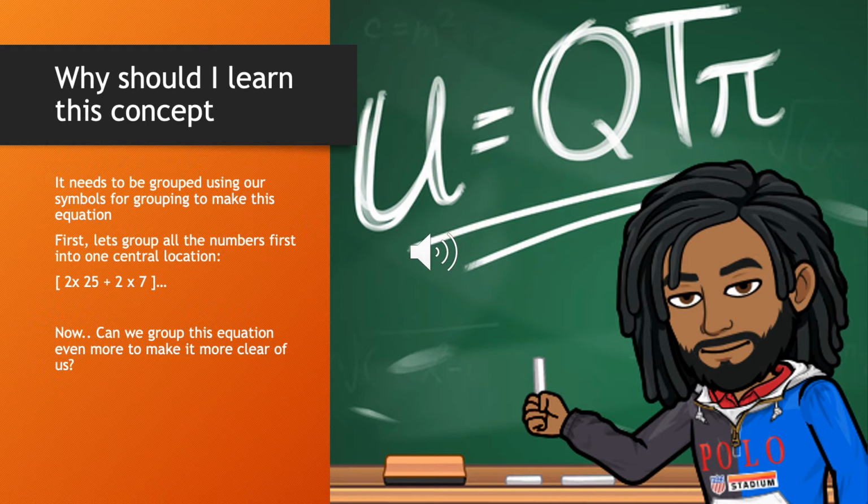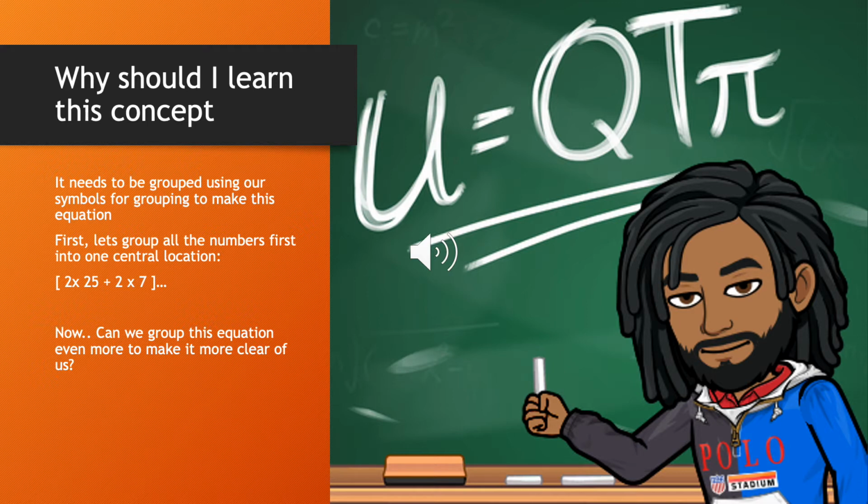As you can see, we have brackets surrounding 2 times 25 plus 2 times 7. Another way we could say this is 2 times 25 plus the what? Sum of 2 times 7. Correct. Good job. Good thinking.